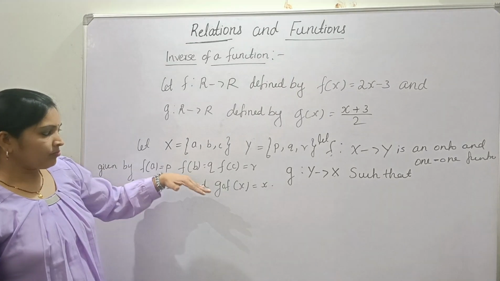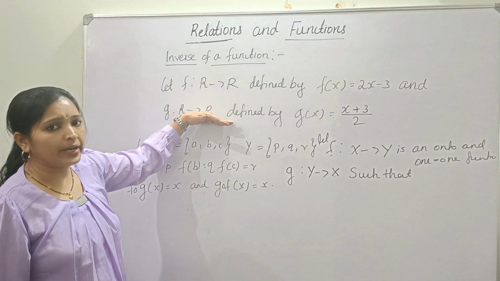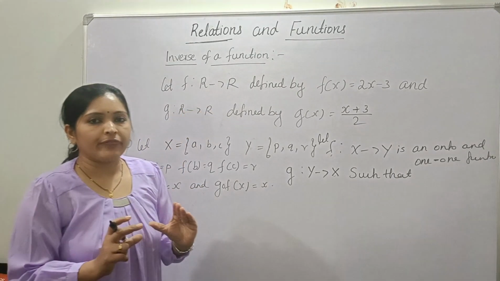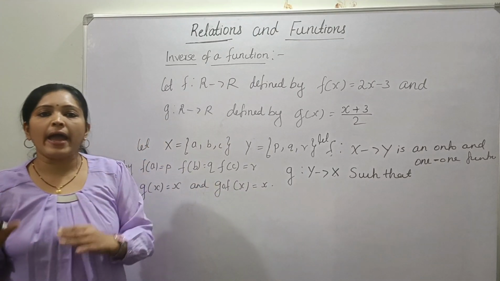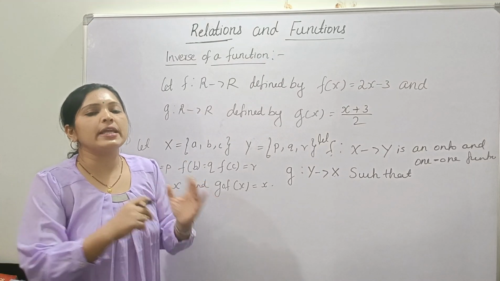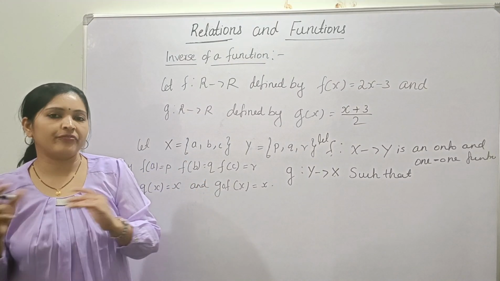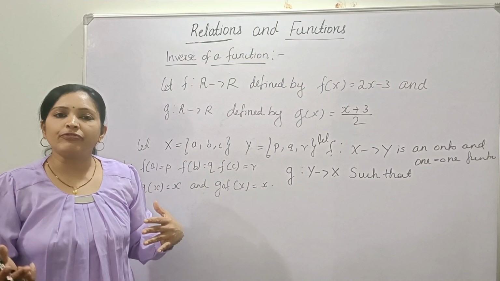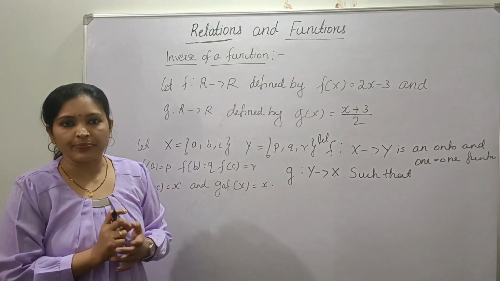We have already studied that if f composite g and g composite f are identity functions, then g is the inverse of the function f. f is invertible and its inverse is nothing but the function g, right?